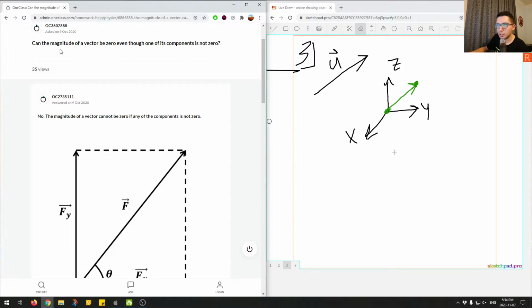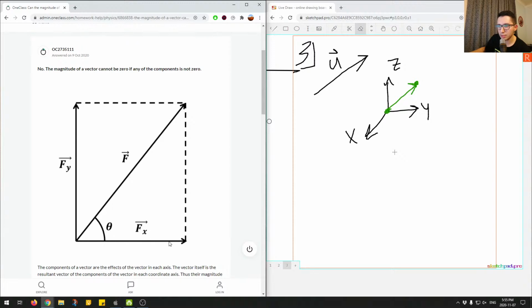So let's just go through the logic of what the junior tutor said. So the answer is no, but the reasoning behind it is the magnitude of a vector cannot be 0 if any of the components is not 0. So this is a better diagram in the xy coordinates. So we can see if this side is 0 and this side is 0, then we get the 0 vector. But if at least this side or this side has some value greater than 0, then we're going to get a vector with a magnitude.